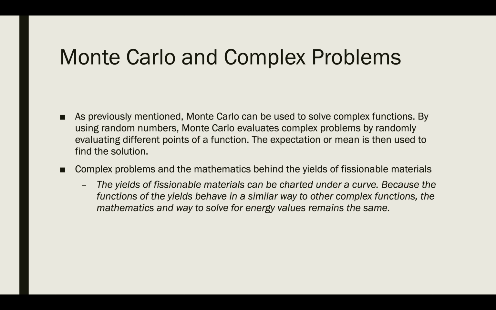So complex problems and the mathematics behind the yields of fissionable materials have a lot in common. The yields of fissionable materials can be charted under a curve. Because the functions of the yields behave in a similar way to other complex functions, the mathematics and the way to solve for energy values remains the same.